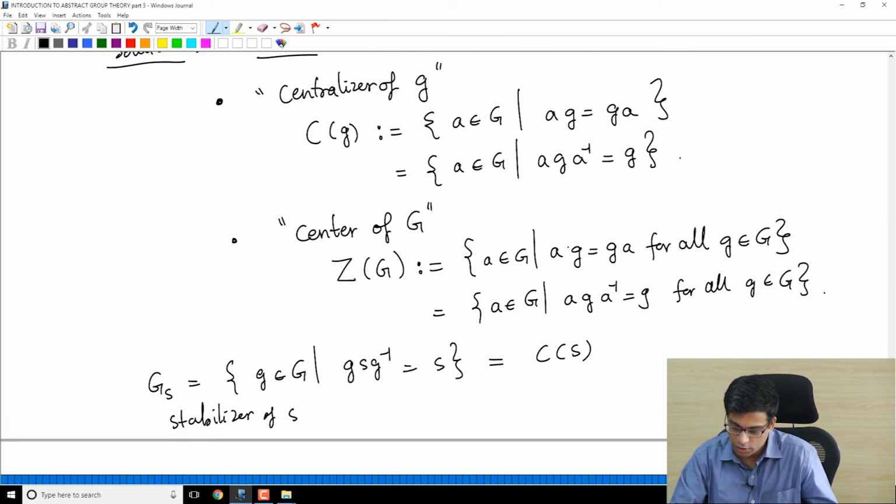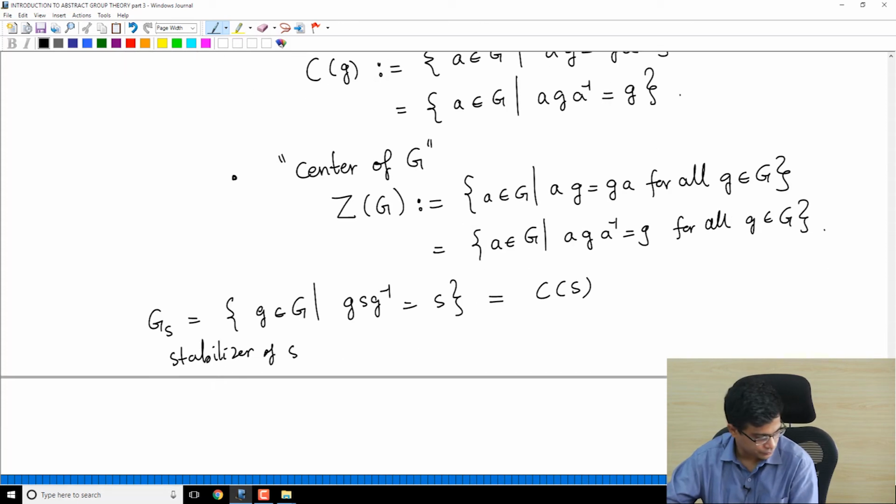If you just stare at the two things, it is all elements such that when you take the conjugate of this particular element, you get that element back. I am confusing with the letters here. Here I am using a and g, here I am using s and g. But hopefully it is clear that the stabilizer of an element s is all g such that the conjugate of s by g is equal to s, which is the centralizer of s. So this is the first part of the problem.